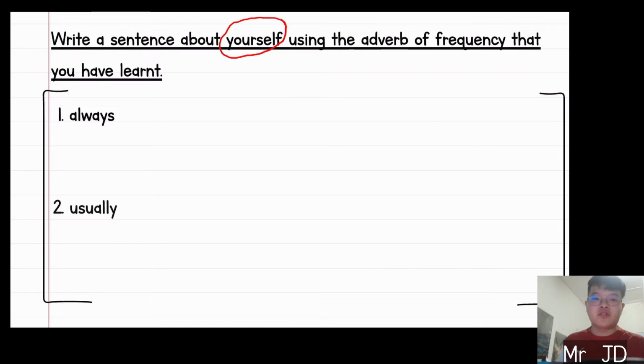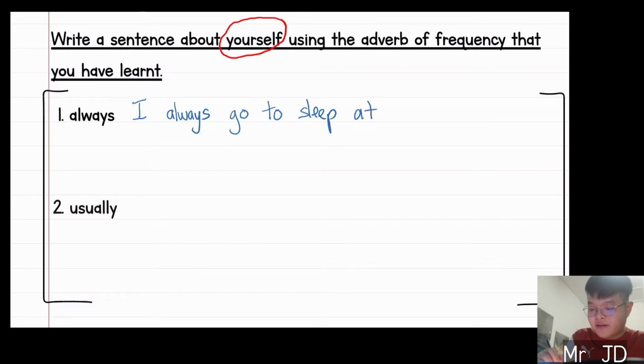So let's look at the first one. Always. So you say I always. What do I always do? Let's say I always go to sleep at 9 o'clock at night, for example.